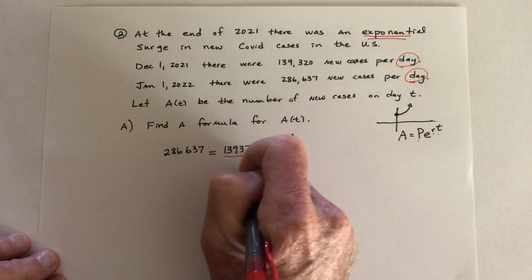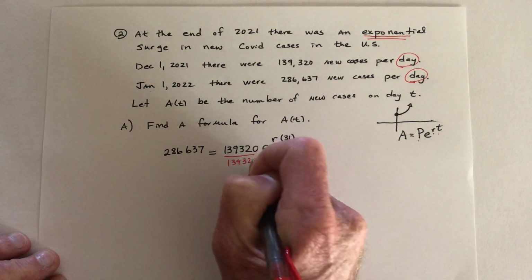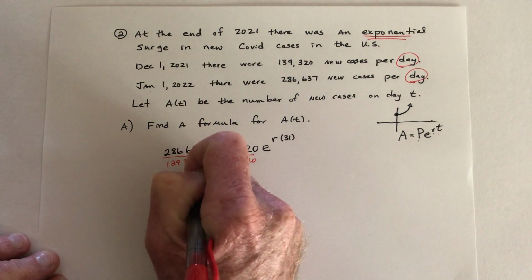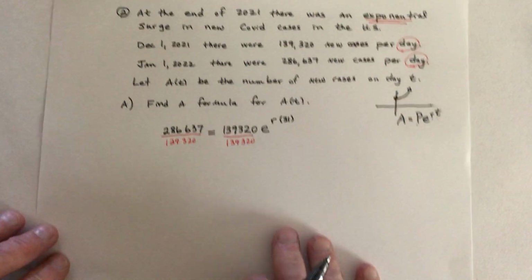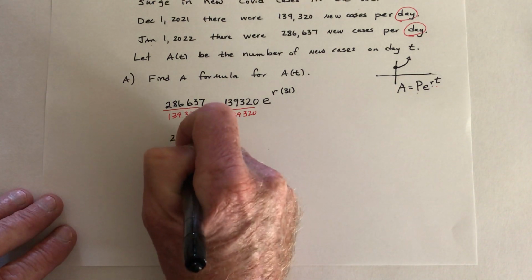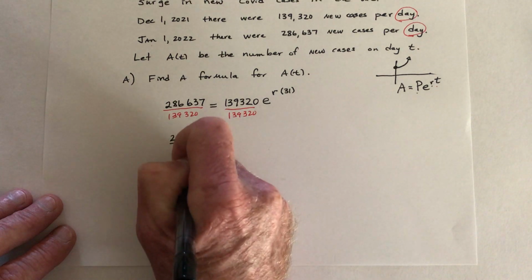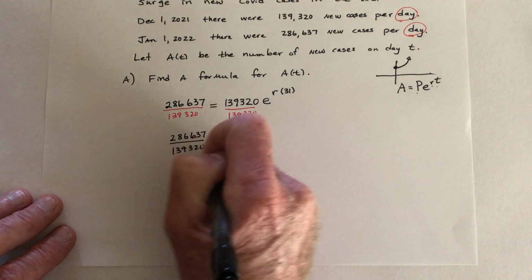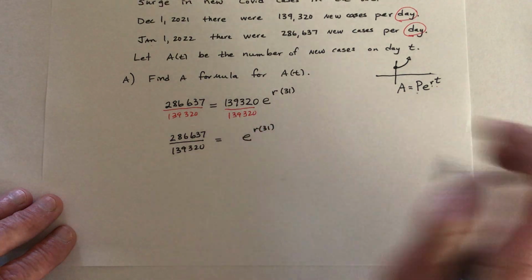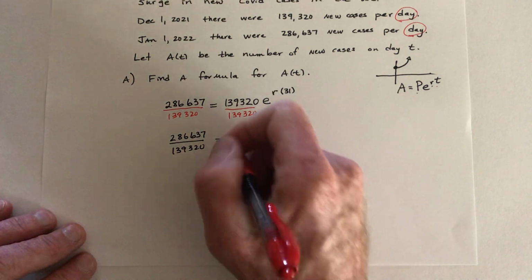So the first thing to do is divide both sides by this 139,320. The left side will just be that fraction. And then it equals e to the r times 31. Next, to eliminate this e, use natural log.